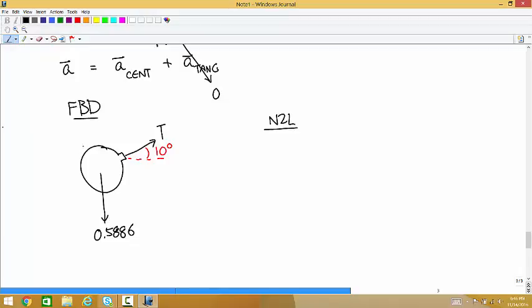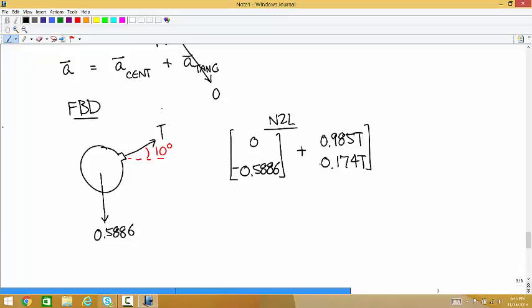So Newton's second law says 0, negative 0.5886 plus T times cosine of 10 degrees, T times sine of 10 degrees, which is 0.985 T, 0.174 T. Is that right?